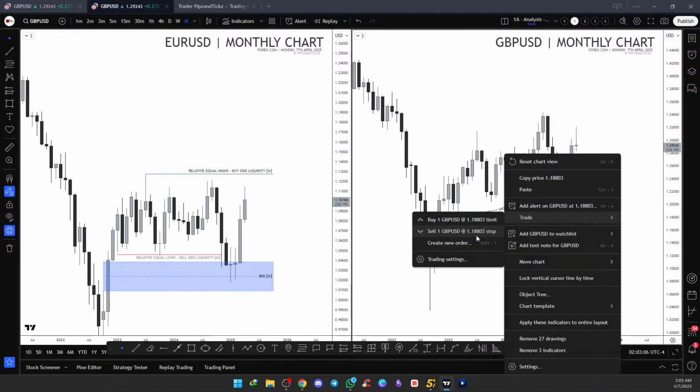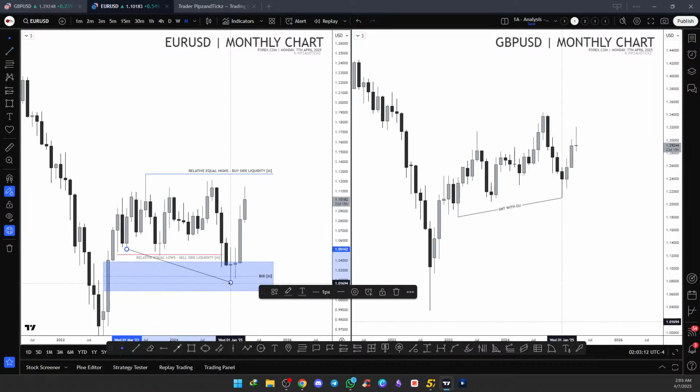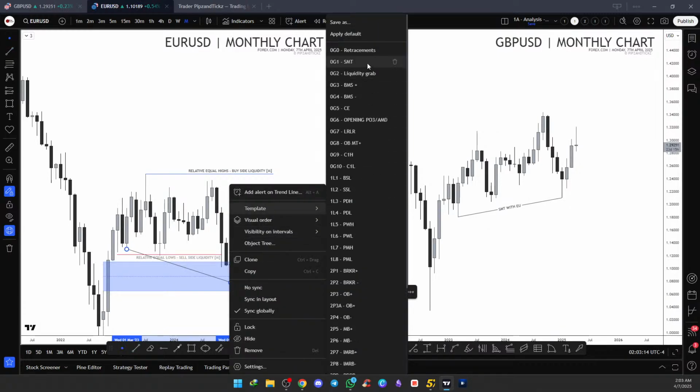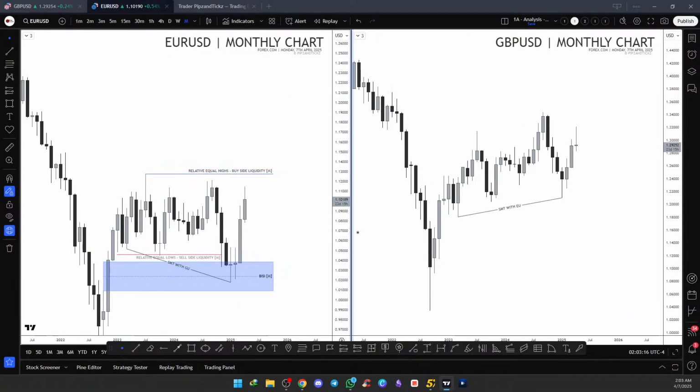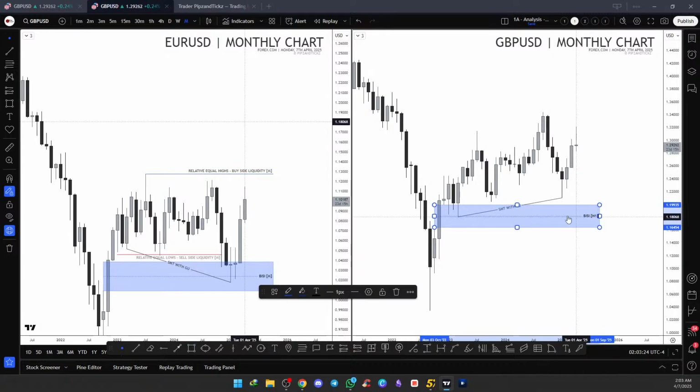This is that you see, but it never got tapped, and also this is a PDR ASMT.